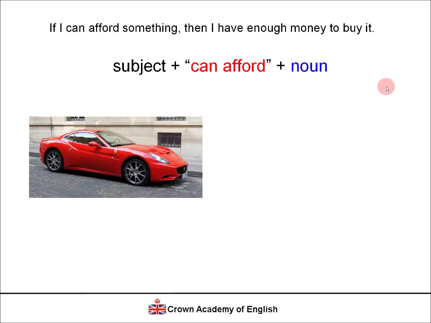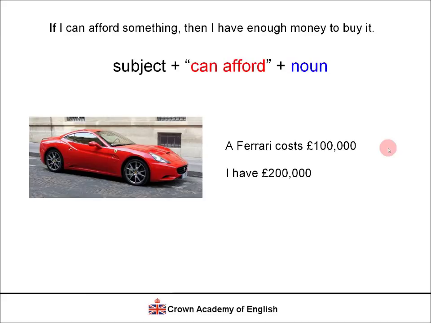So here is an example. This is a Ferrari. So a very expensive car. A Ferrari costs £100,000 and I have £200,000.